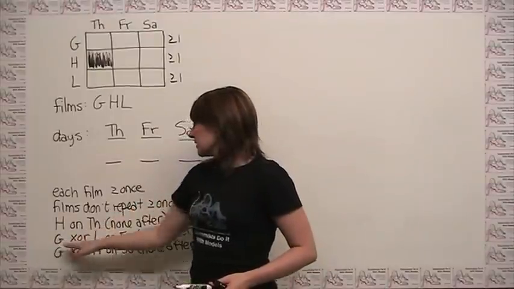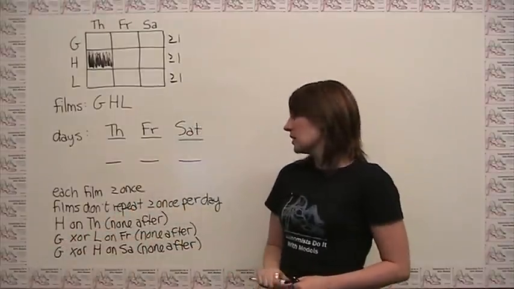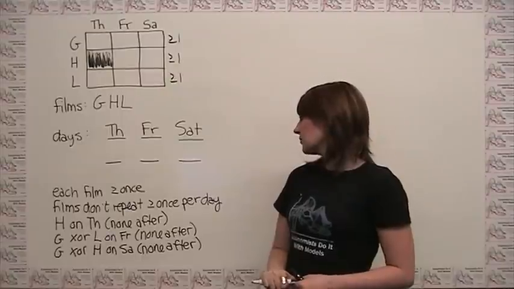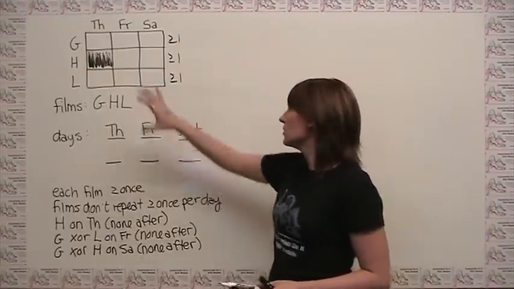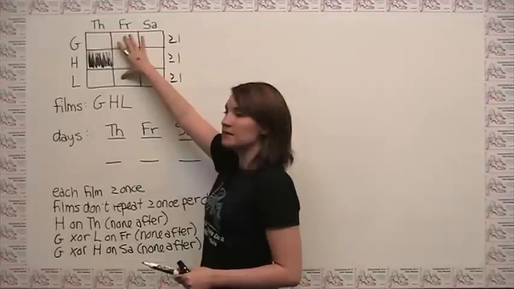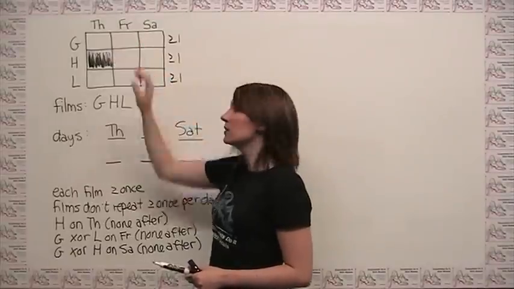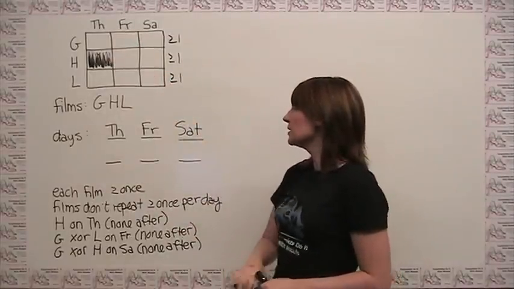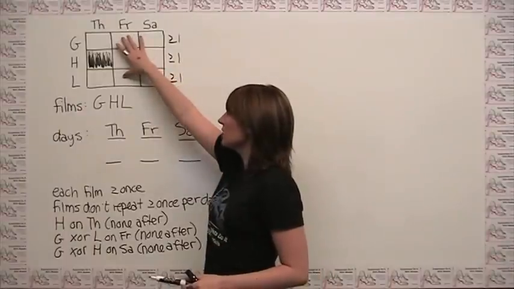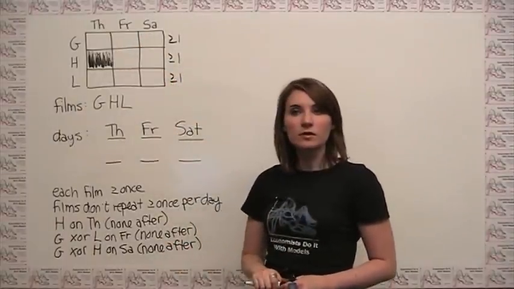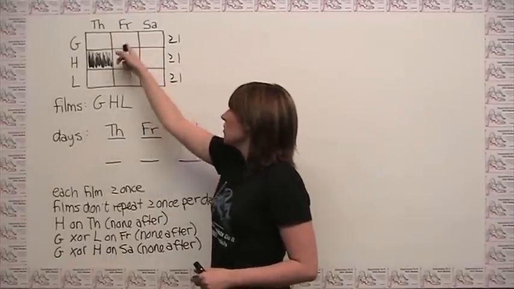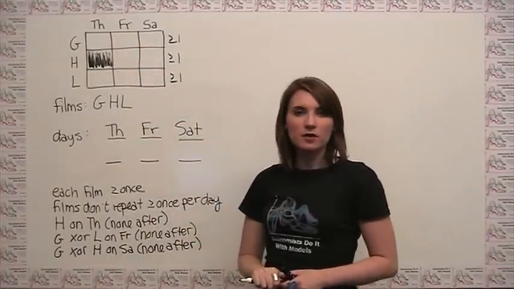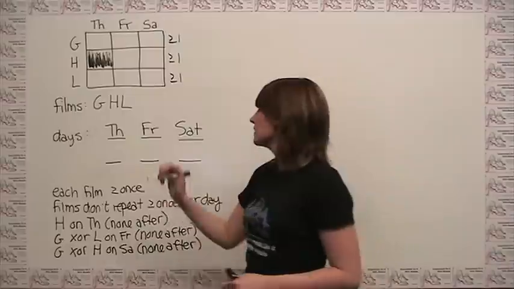Here we say we have exactly one of G and L on Friday. Well, that's kind of hard to represent on our diagram because we don't know which one it is. We just know that it's exactly one of them. But what we notice here is, because we can have exactly one of them but not both, what we can do is say at most 2 films are going to be shown on Friday.